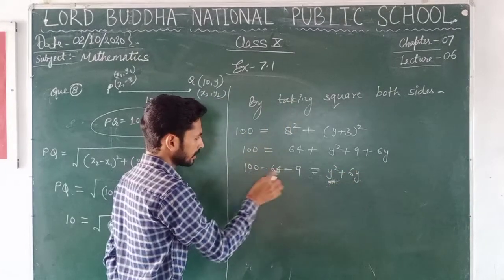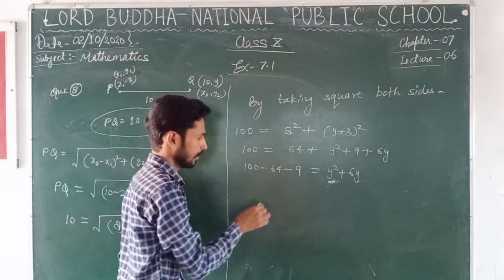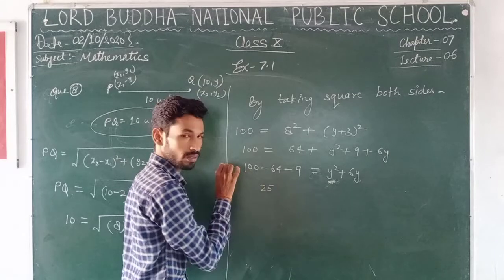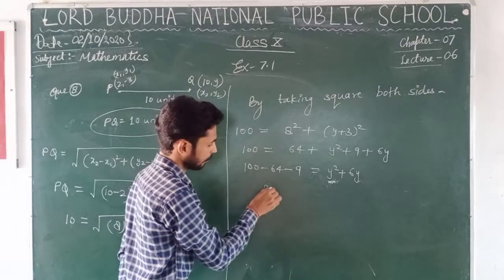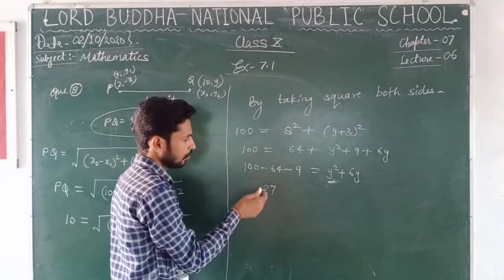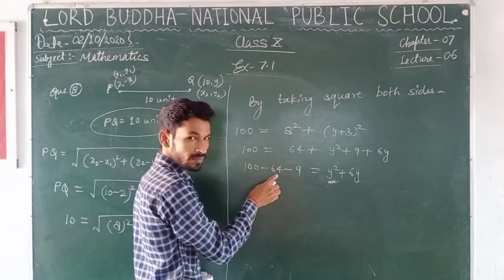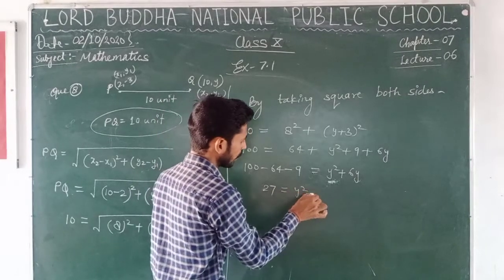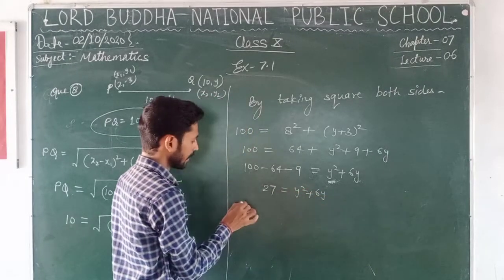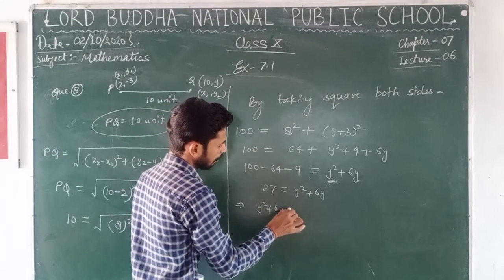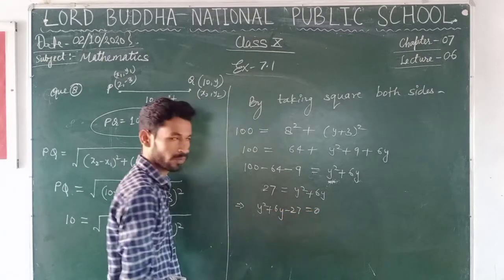That will be 36 and minus 9, that's equal to 27. So we can write here y square plus 6y minus 27, that's equal to 0.